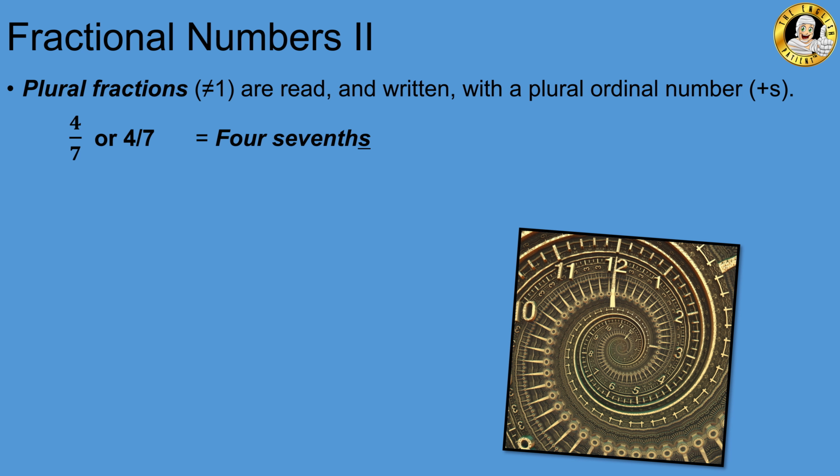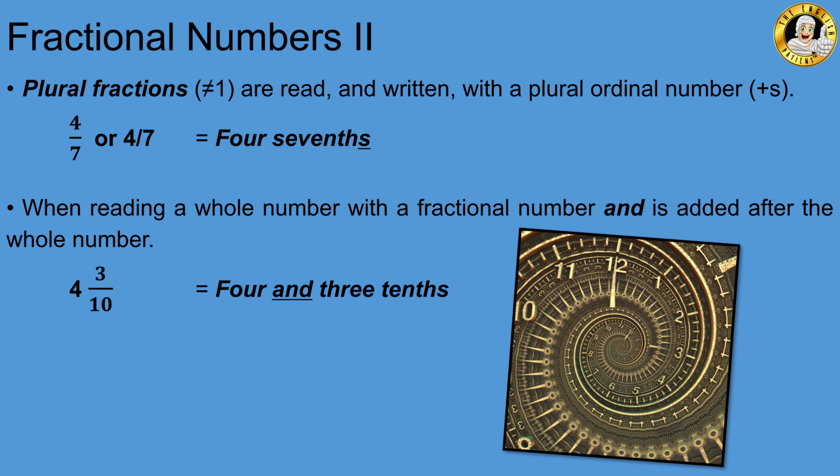So this would not be read as four seventh. No. There are 4 of them, so it has to be four sevenths. And this is quite difficult to pronounce for a lot of people. So now you have to have the th with an s on the end. So four sevenths. So perhaps you should practice that.